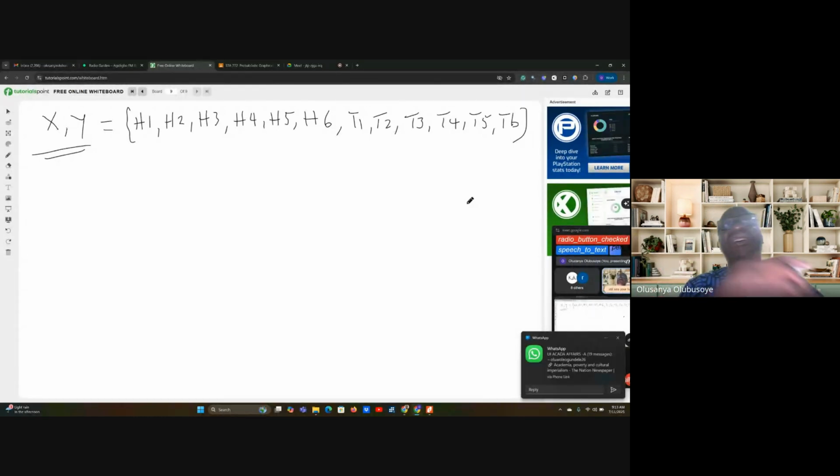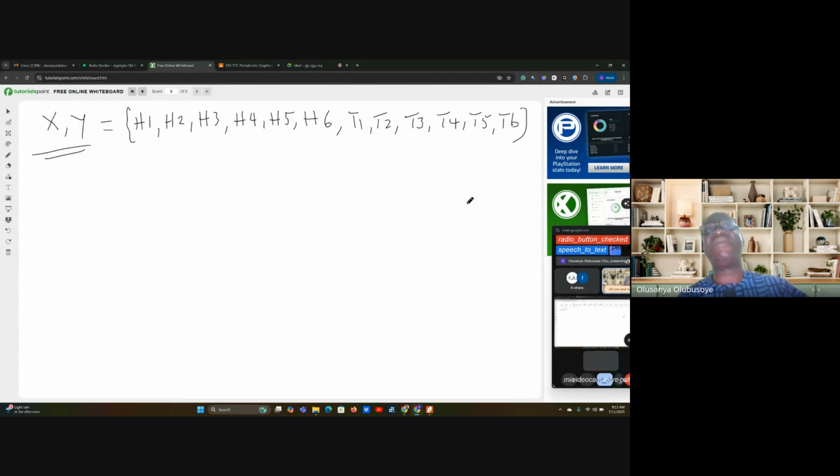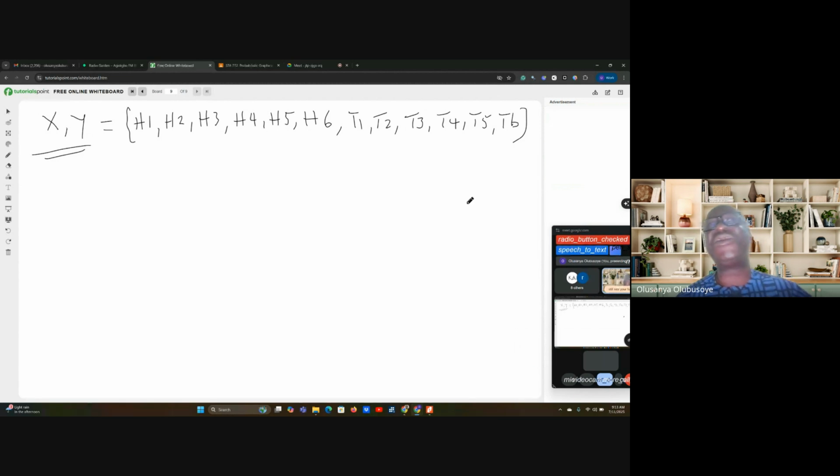I could also have an experiment of tossing a coin, throwing a die, and also checking whether it rains or not. So I could have X, Y, Z. X will be for the coin, Y will be for the die, and Z will be for the rain.